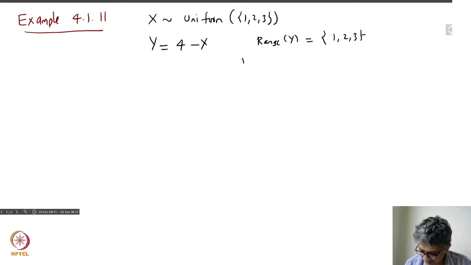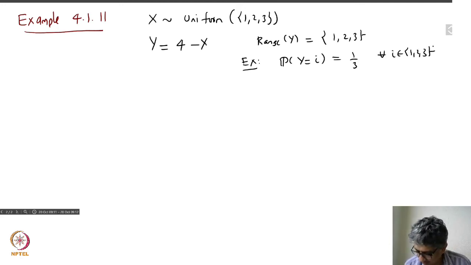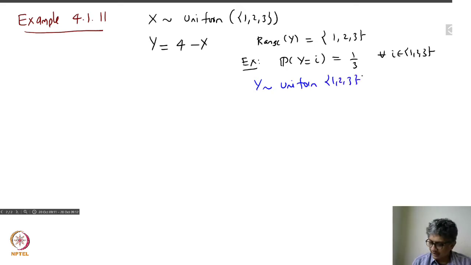It's an easy exercise to check that the probability that Y equals i is just 1 over 3 for all i. So Y also is uniform on 1, 2, 3.